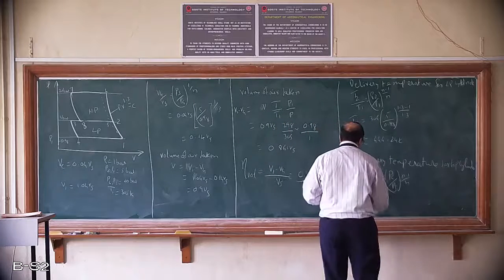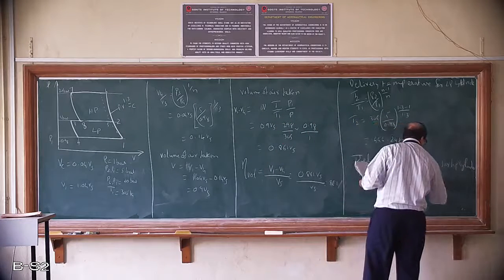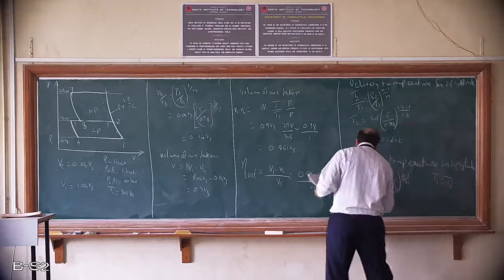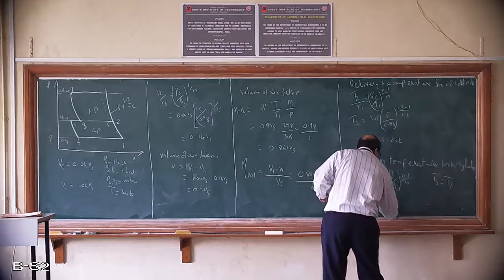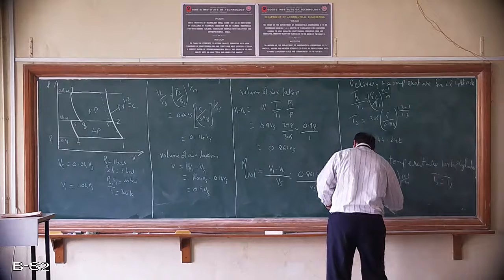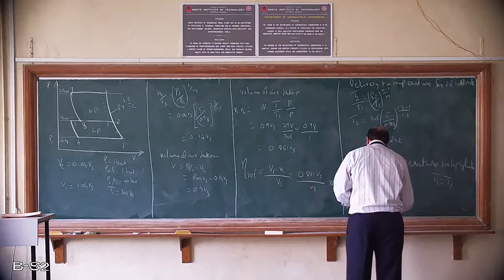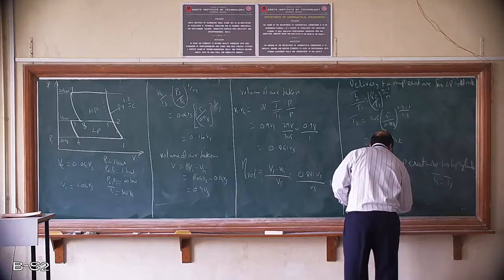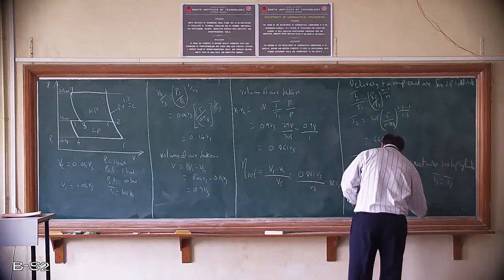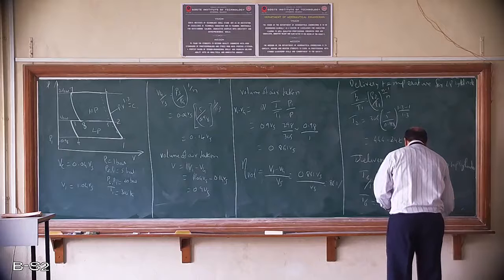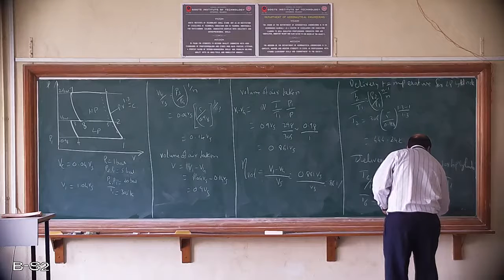So for perfect intercooling, T5 is equal to T1. So T6 is equal to 305 times P6, given as 20, divided by 5, to the power of 1.3 minus 1 by 1.3. This we get as 420 Kelvin.